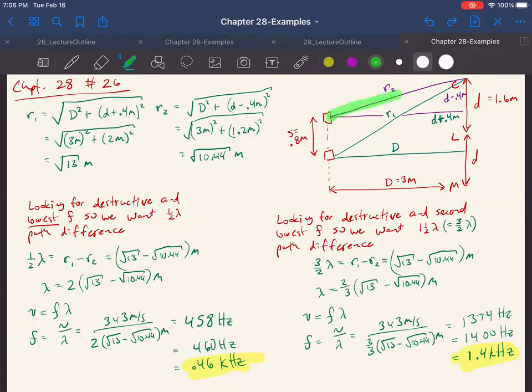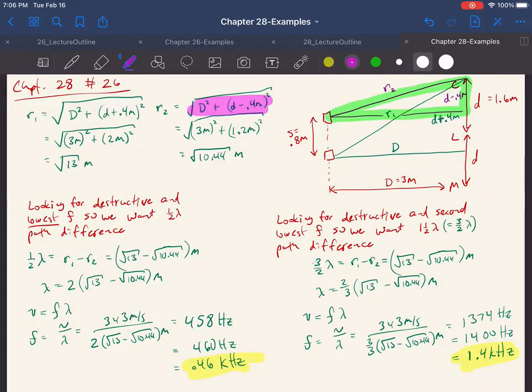For the top speaker, I used this right triangle right here, which again, this bottom part is still the capital D. And then this side over here is going to be the lowercase letter d, the 1.6 meters, minus half of S, so minus the 0.4 meters, which is what I put right here.